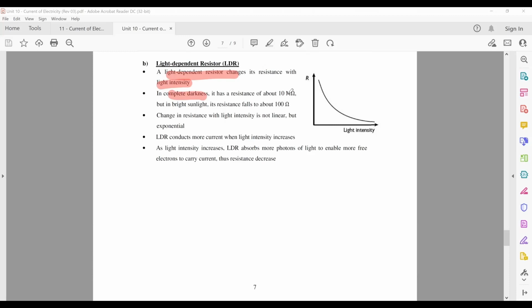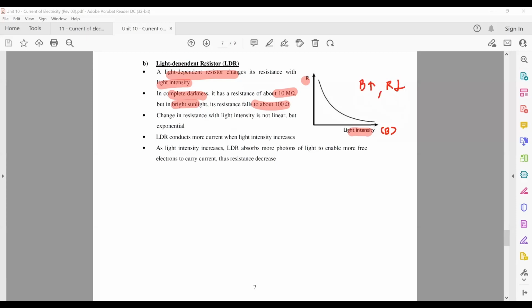In complete darkness, it has a very high resistance of 10 megaohm. In bright sunlight, its resistance will fall to 100 ohms. So basically you have a graph of resistance versus light intensity, or brightness. When brightness increases, resistance drops.